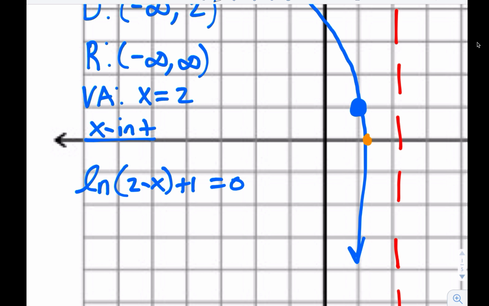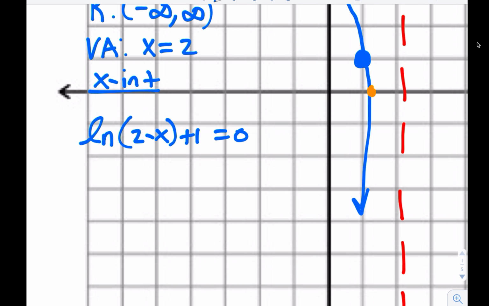If you're figuring out an x-intercept, you set the whole equation equal to 0, because the y term will be 0. So I'm going to subtract the 1 over, making ln of (2 minus x) equal to negative 1.